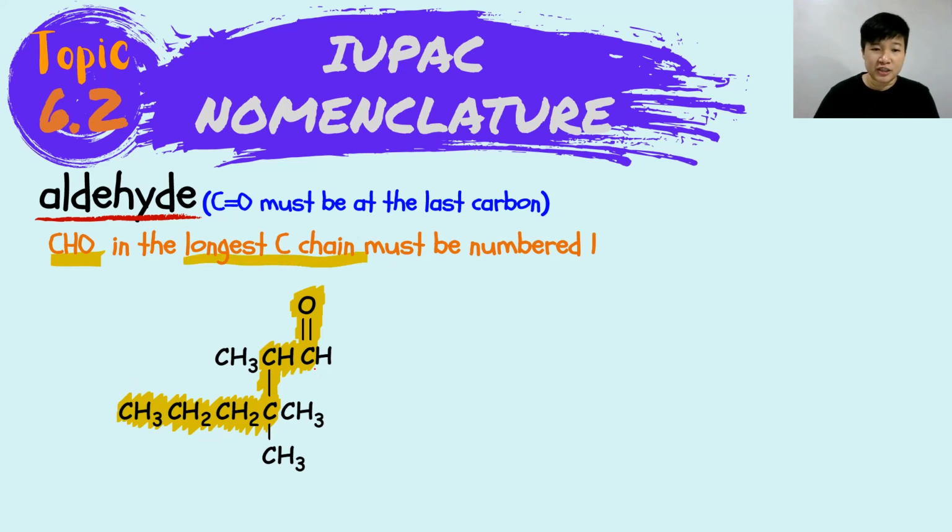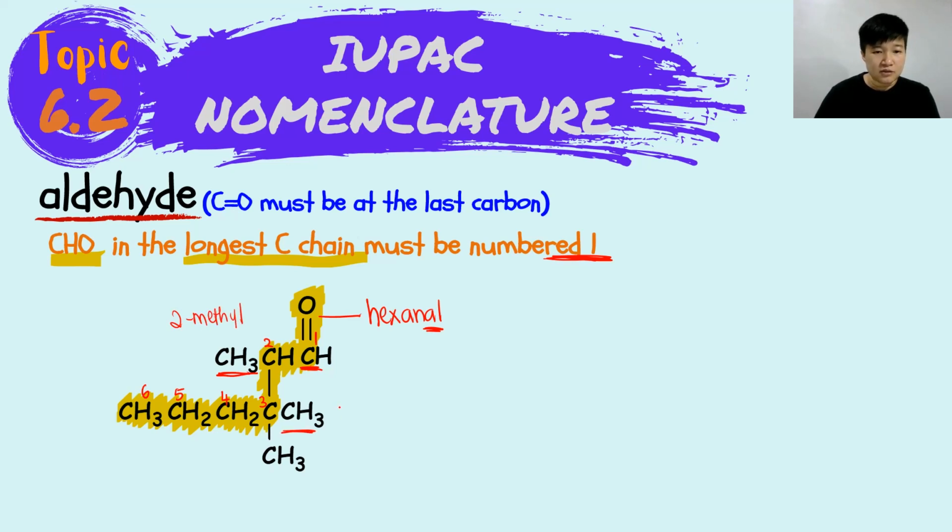Put in the position. C double bond O over here must deserve carbon number 1 because it's the parent, it's the boss. So 1, 2, 3, 4, 5, 6. And since there is 6 carbon in this longest carbon chain, this guy will be named as hexanal. 6 carbon aldehyde. Next, how many substituent you have? You have over here 1 substituent, 2 methyl group.